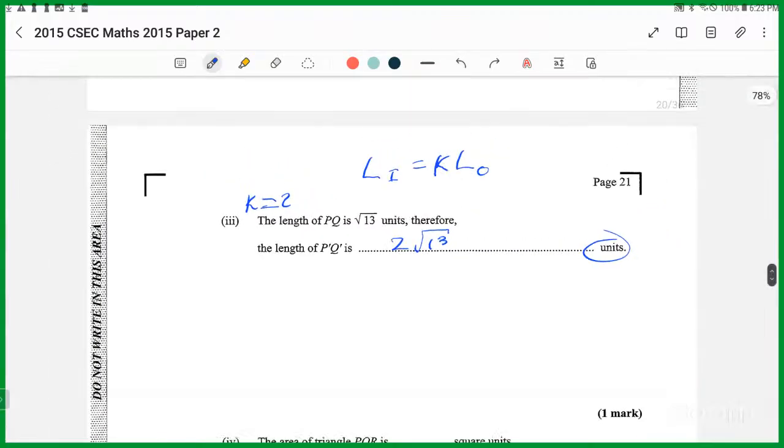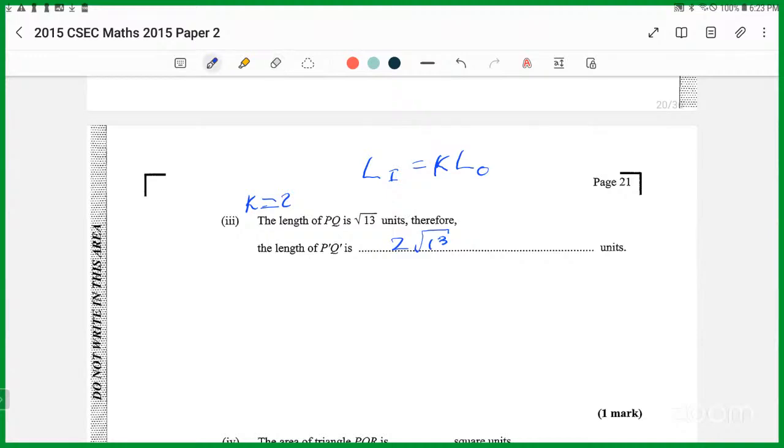Again, I gave you this on the must-know sheet: scale factor affects distance from the center, and it also affects lengths on the image and the object by a scale factor of K. So the length on the image is K times the length on the object. They have given us a length on the object and want the corresponding length on the image. So it's the scale factor times that length. That is it. I don't even have to look at the diagram.